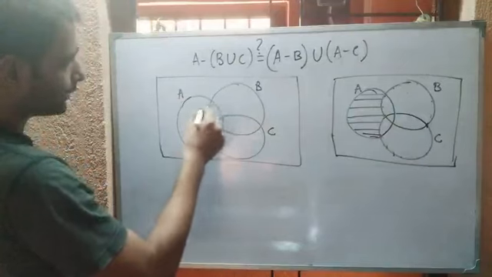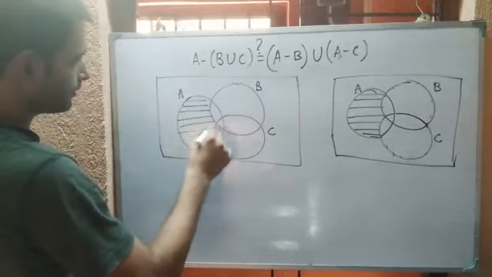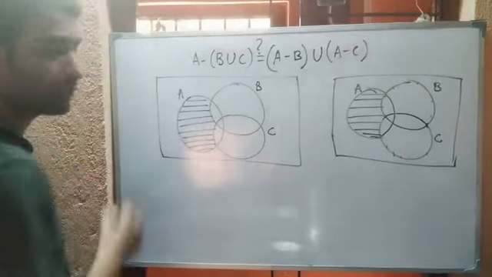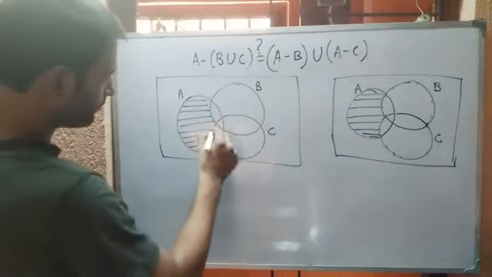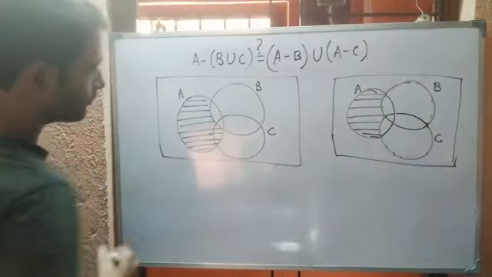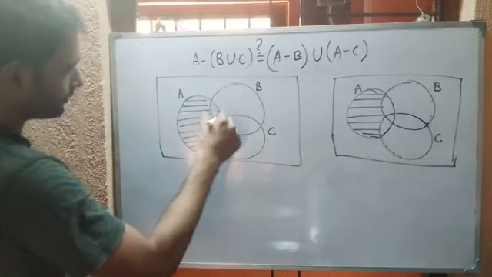First of all we draw the A difference B, so it will be this one, and A difference C will be this vertical one.